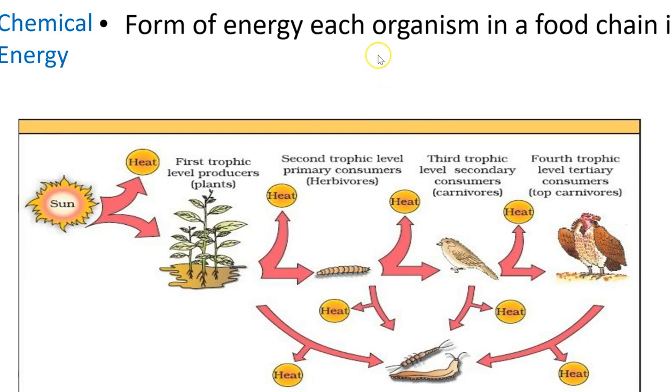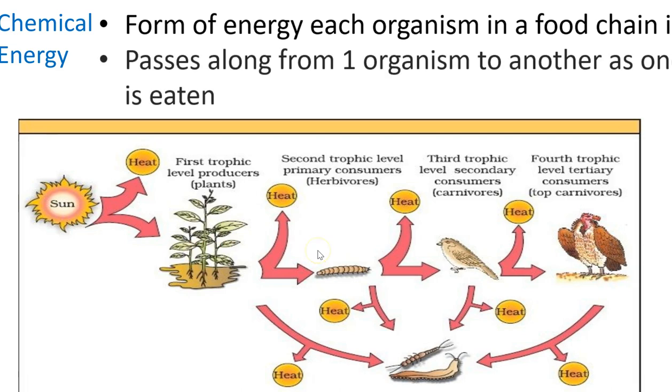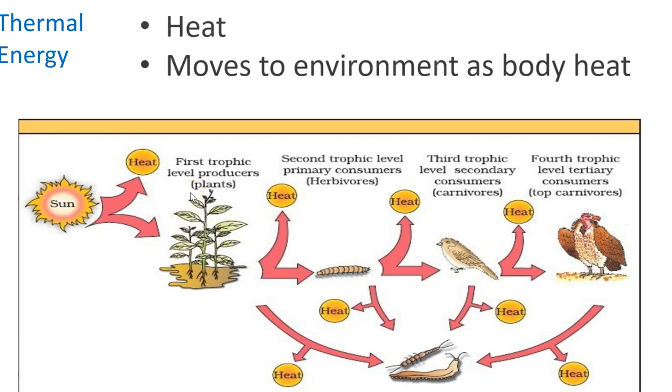Chemical energy is a form of energy each organism in a food chain has. As soon as it goes through photosynthesis, it now has chemical energy. It's using that ATP, which can then get transferred when this eats that. Thermal energy is heat.